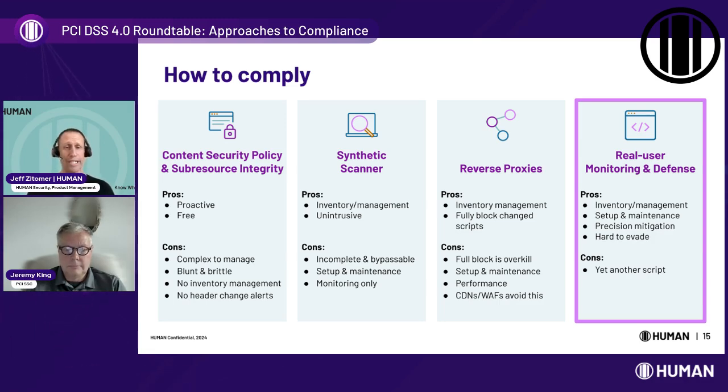They can break your site, or just not give you enough fine control. And they won't give you all the other aspects that are required. They are very valuable security controls, but they don't give you things like inventory management and necessarily the ongoing monitoring. For example, content security policy is a header, and you need to somehow monitor that the header did not change. It itself will not do that.